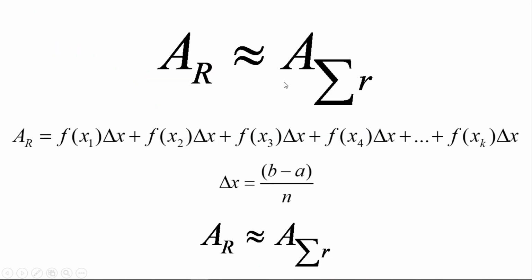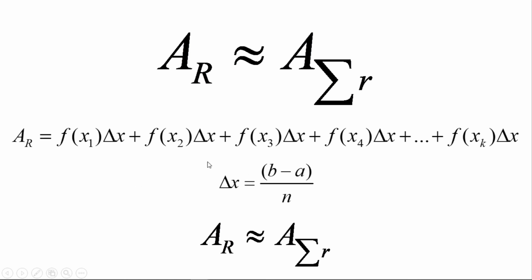Thus, for the upper sum, in each of the sums that we computed, the interval a to b, over which the function f of x is defined, was subdivided into n intervals. So the value of the width is equal to b minus a divided by n. This width is then multiplied by the height.